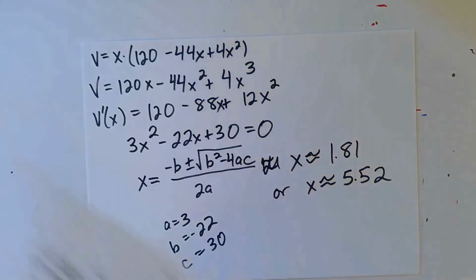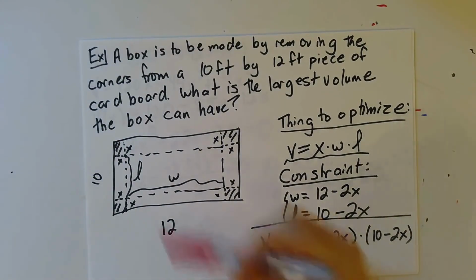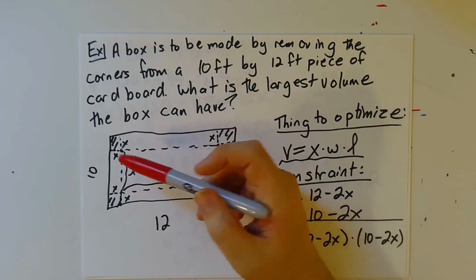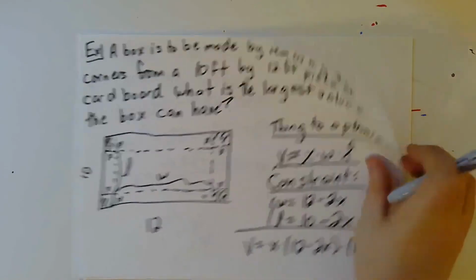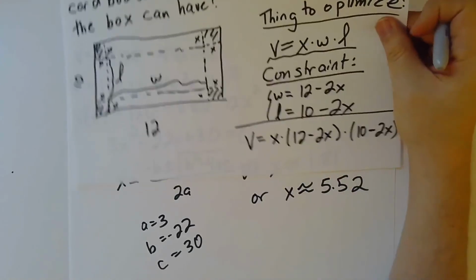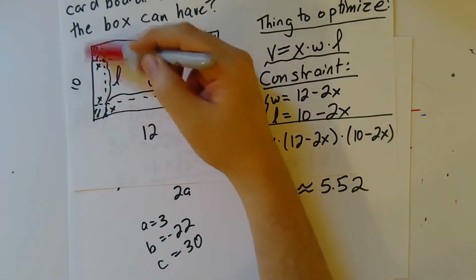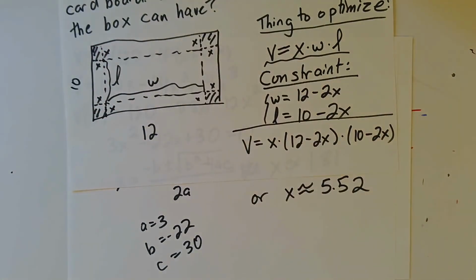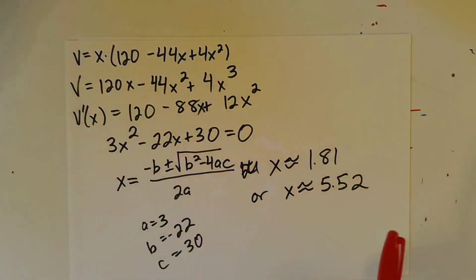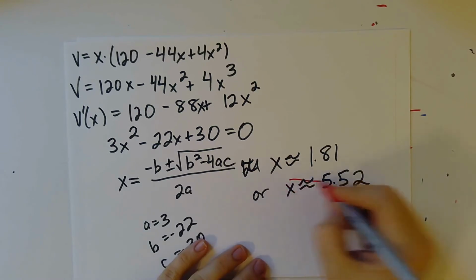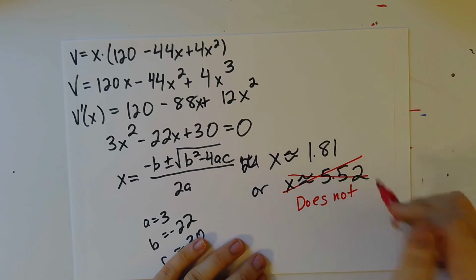But actually, if you look back at the original question, and you look closely at what x is doing, we're hacking off two x by x squares from the side of length 10. So actually, if x is 5.52, we're hacking off 11 total from this length 10 side. So that doesn't sound super good. This is not actually a sensible thing. So we're going to get, actually, as our only critical number, this 1.81 number.